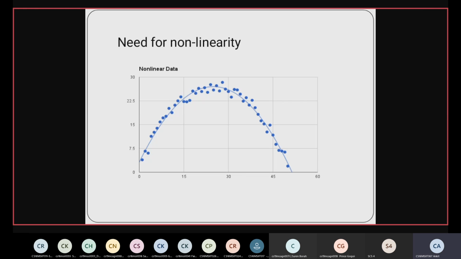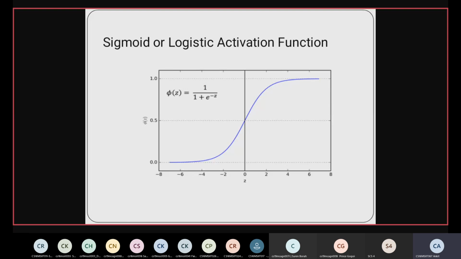Fine. So the first activation function is the logistic activation function. You can see that in this graph, it looks like an S shape. It is a smooth gradient, and you can notice that if the x value is from -2 to 2, then the y values are very steep, isn't it?